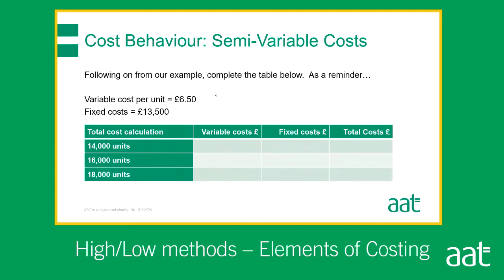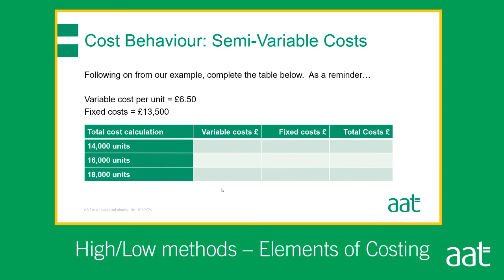Okay, moving the question on a step. What you might also have in an exam question, once you've done that initial high-low calculation, and there's a reminder of our answers, is to complete a table like this, where you've got 3 different output levels, 14,000 units, 16,000 units, 18,000 units, and you'll need to calculate the variable costs, the fixed costs, and total costs.